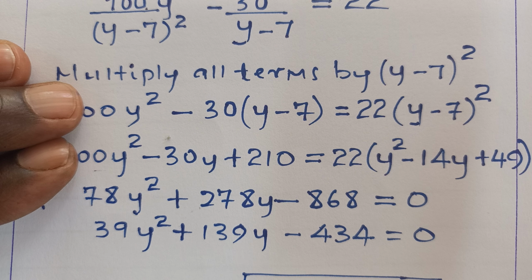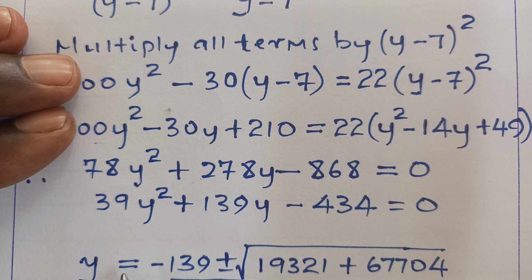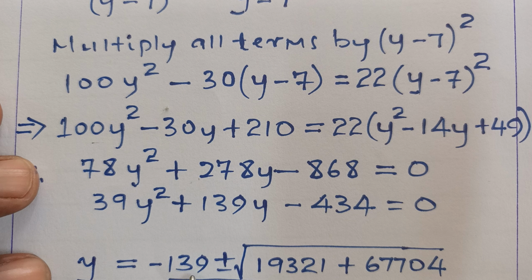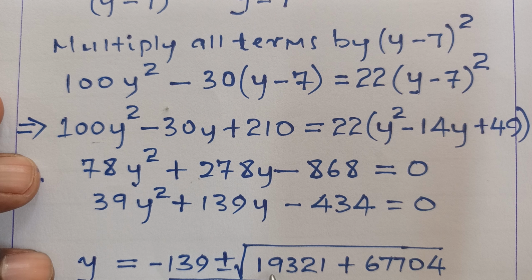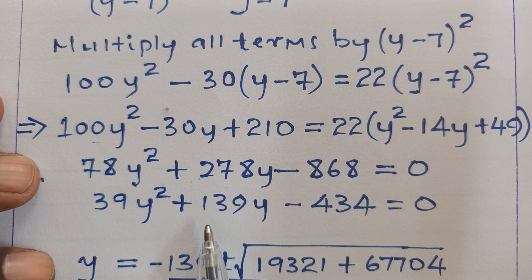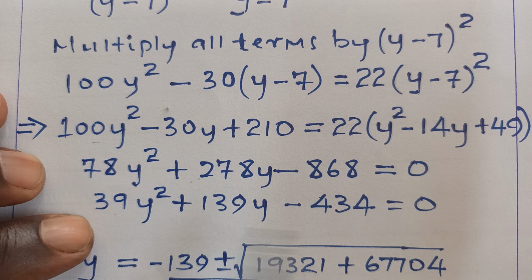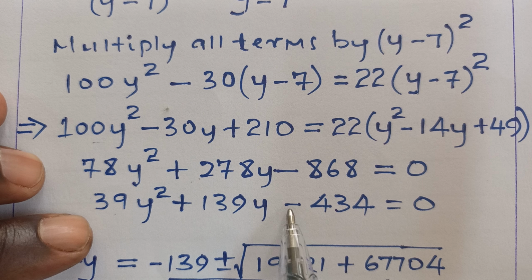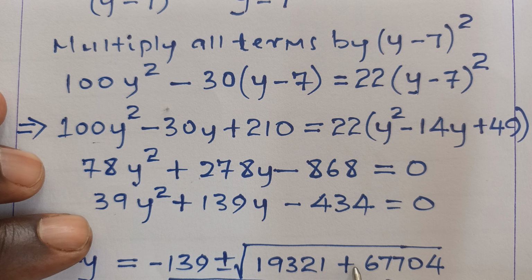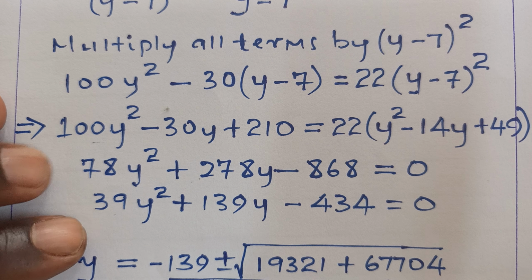I've said y equals minus b, which is 139, plus or minus the square root of b squared, which is 139 times 139, minus 4ac. And because we have a negative here, the negative that was formerly here now becomes a plus.